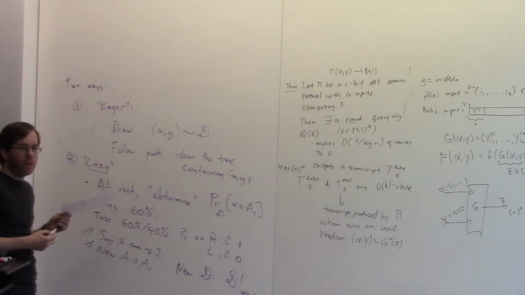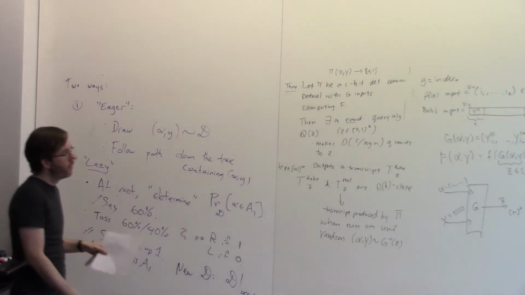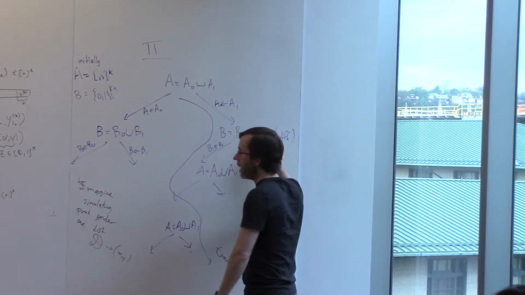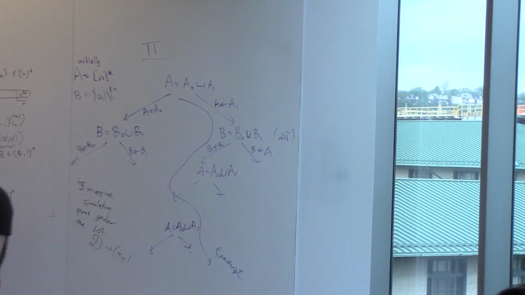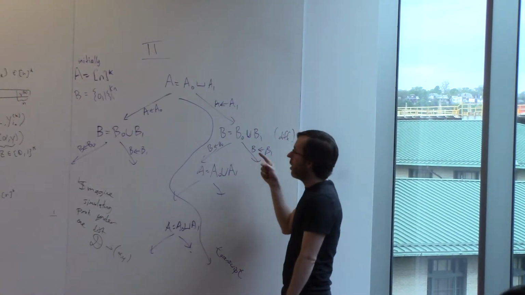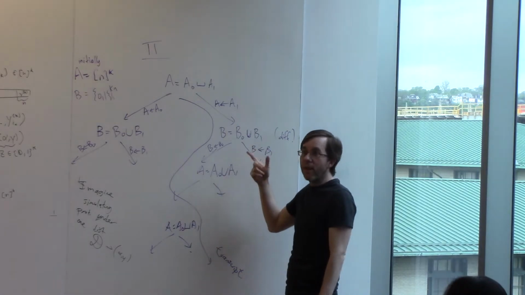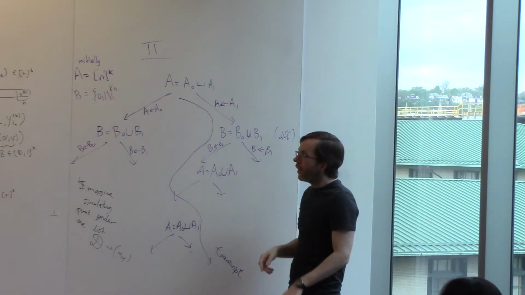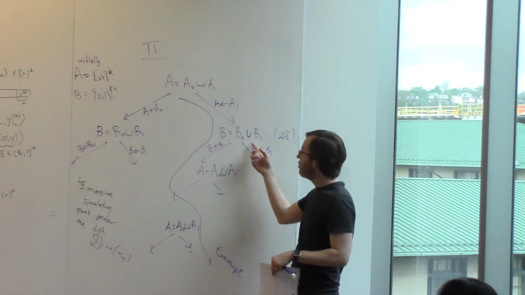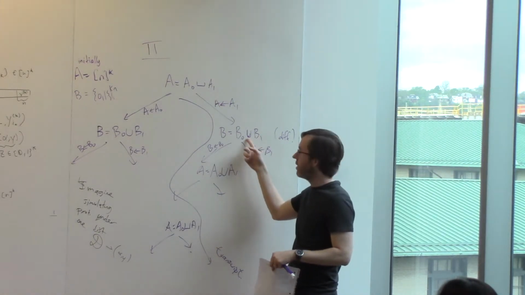And now you repeat this. So now you're here, and you just determine, in a draw from D conditioned on alpha being in A1, what would be the chance that the y, the other part, would be in B1? And maybe it's, I don't know, 30%. So you spend one coin flip to make a 30 versus 70% decision, and maybe it comes up the 70% decision.